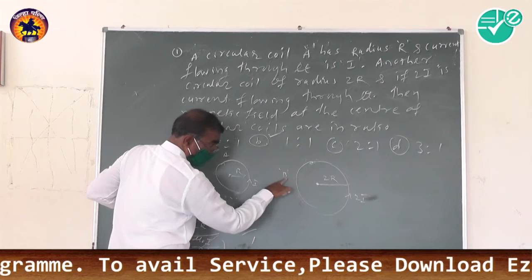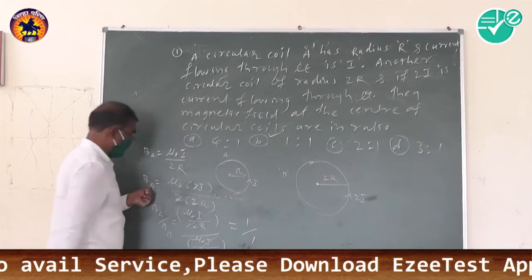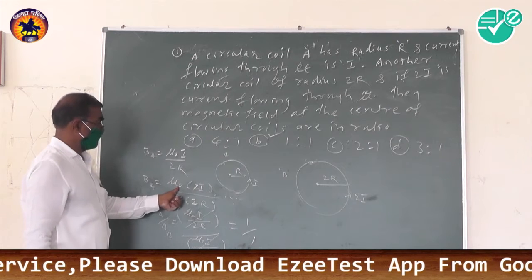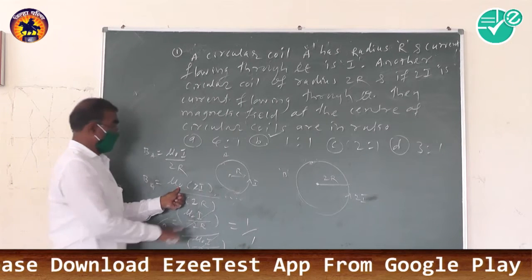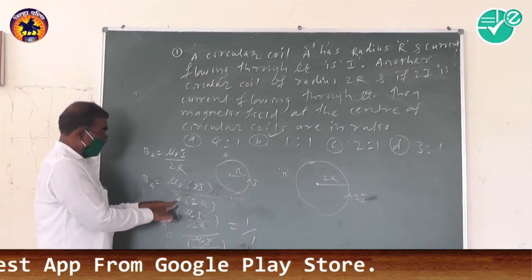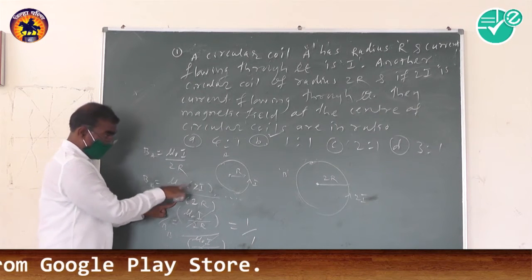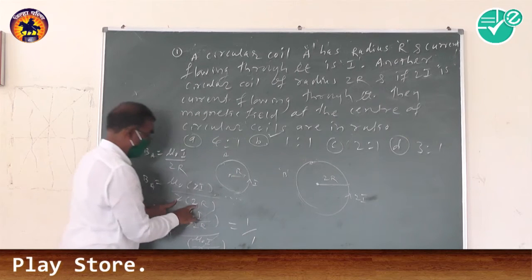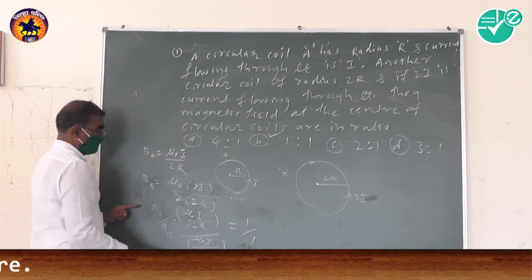because BA equal to mu 0 I upon 2R, or BA is the magnetic induction at the center of first coil. BB is the magnetic induction at the center of second coil, that is mu 0, current is 2I and radius instead of R here is 2R, here 2 gets cancelled.